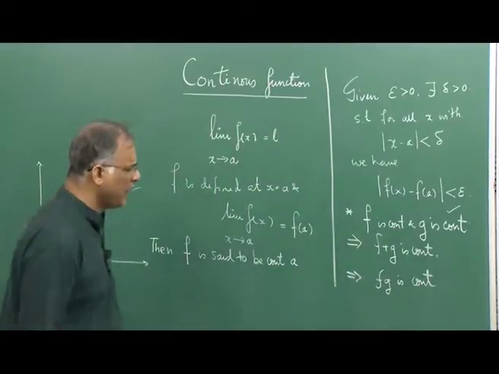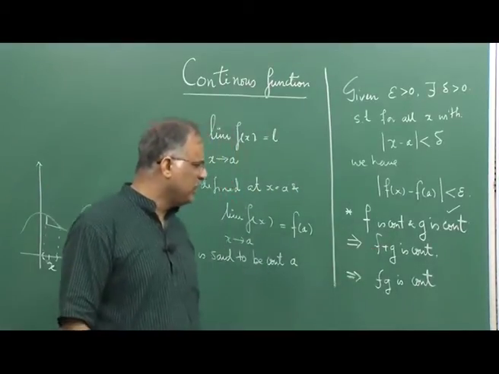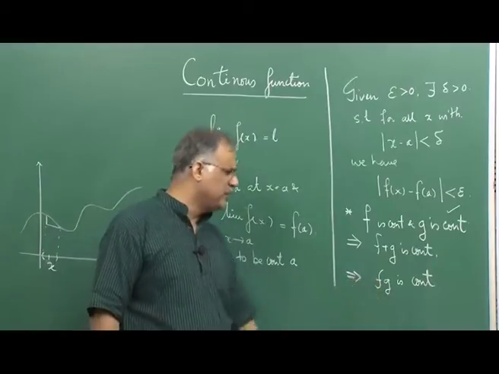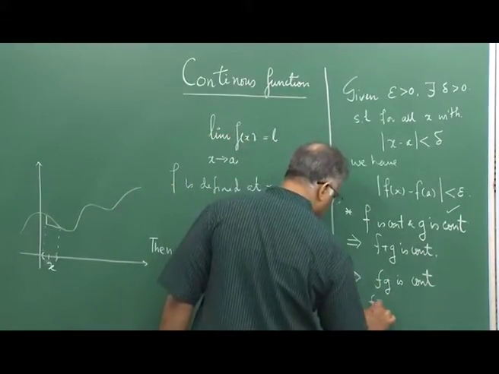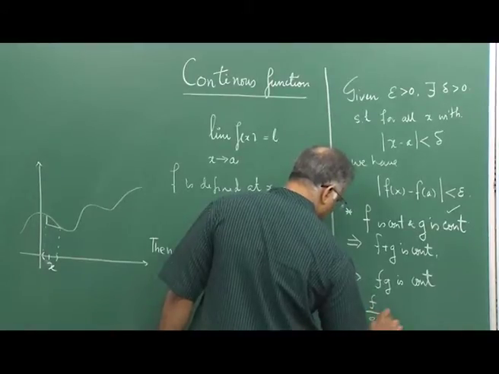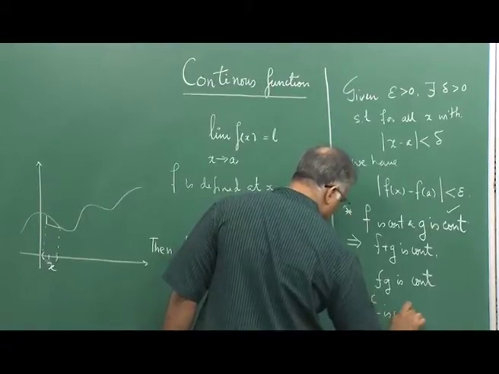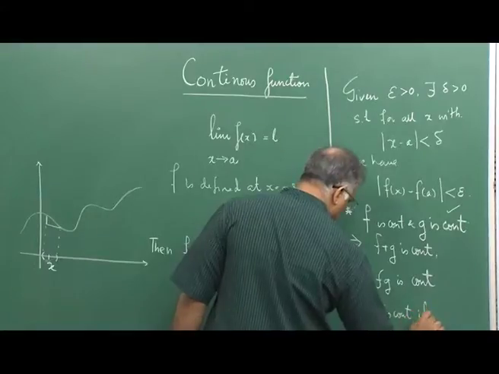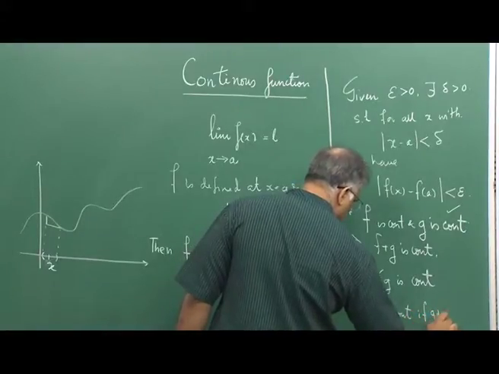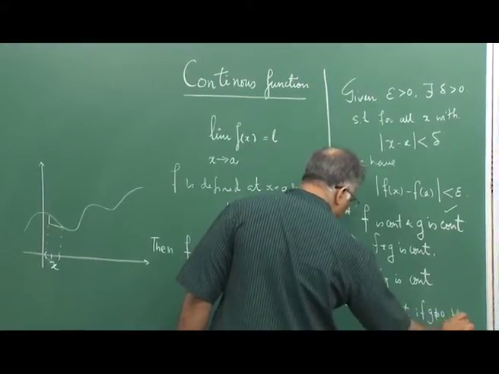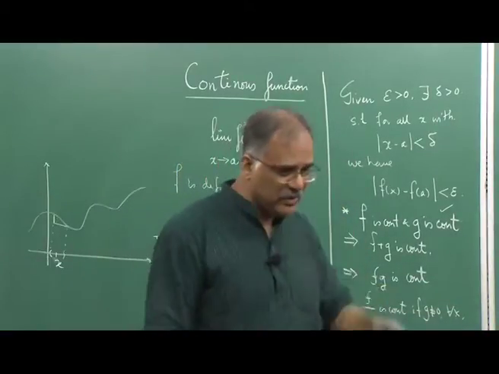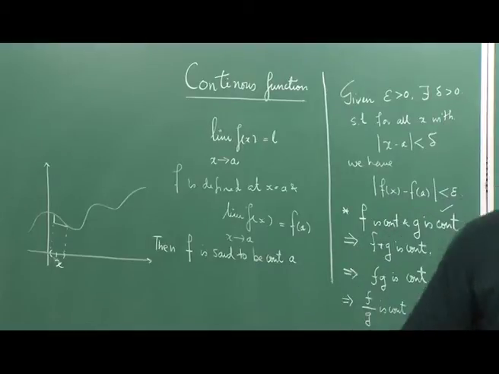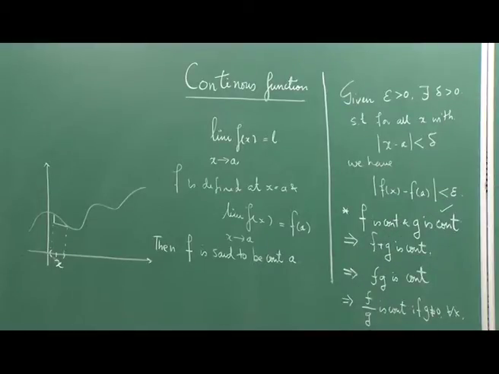So, the function f plus g is continuous, the product fg is continuous, and f by g is continuous if g is not equal to 0 throughout, for all x in the domain. That is something very standard, so we are not going to get into any detailed proof.